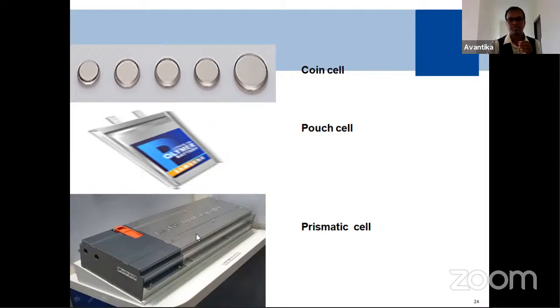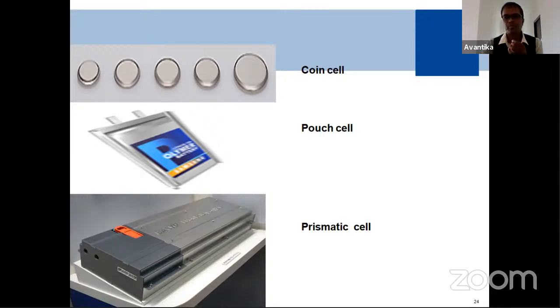The third is the prismatic cell, the big battery you can see at the back of normal mobiles and laptops. Based on our need and application, we can divide into three parts: coin cell, pouch cell, and prismatic cell. In all three types, the cathode materials can be prepared.